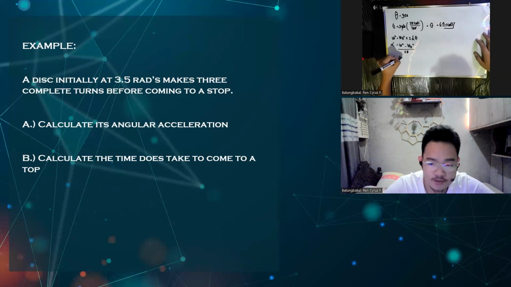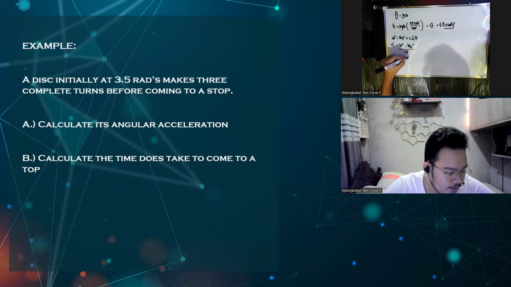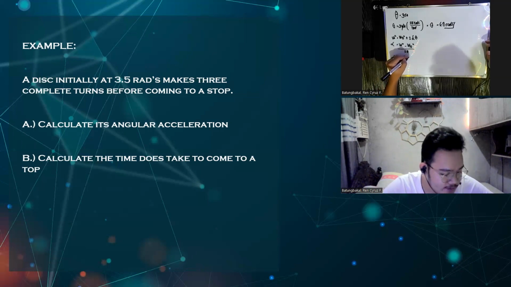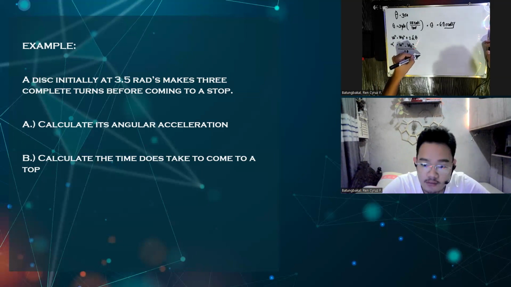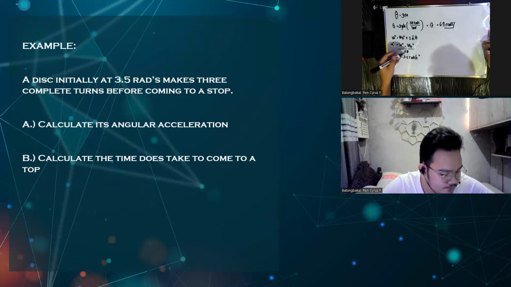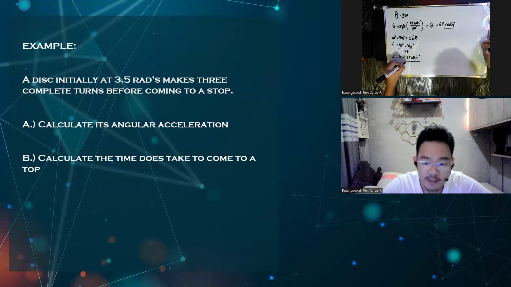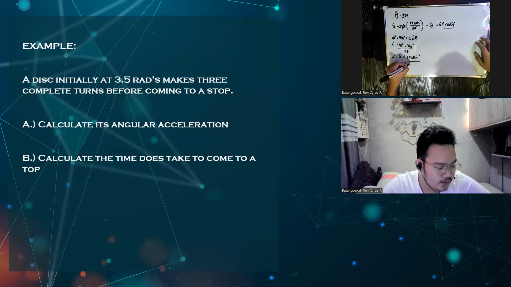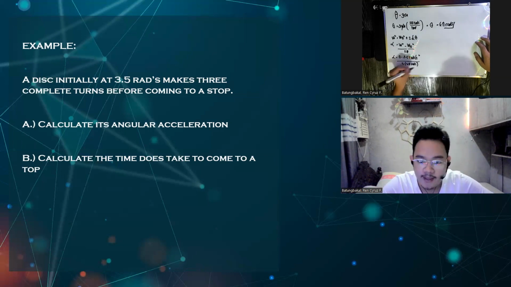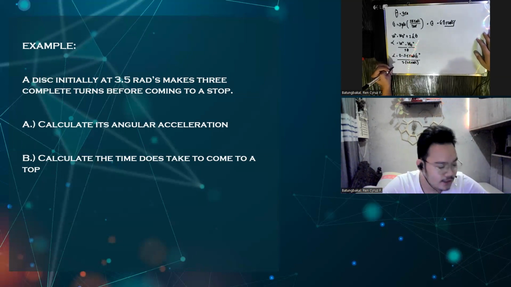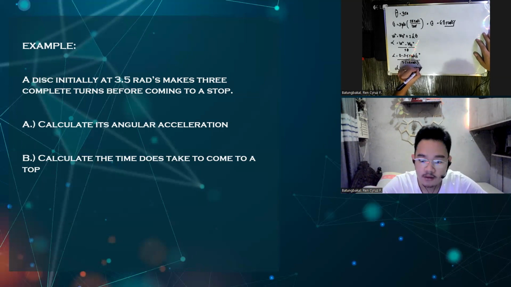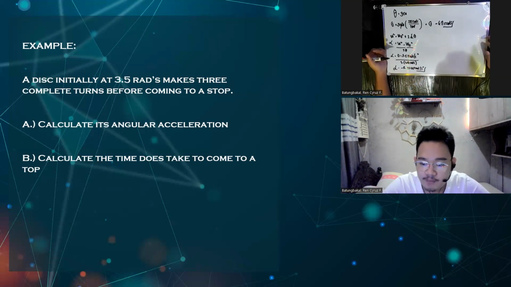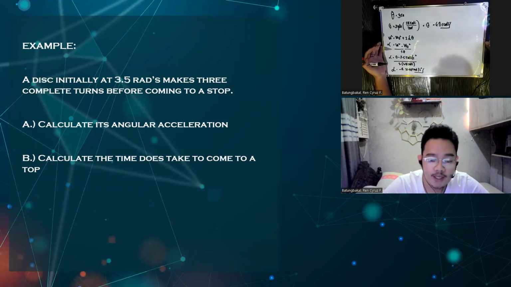So 0 minus ang ating initial angular velocity, which is 3.5 radians per second, quantity squared, over ang ating 2 times theta natin, which is 6 pi radians, and by calculating ang ating angular acceleration ay negative 0.3249 radians per second squared.